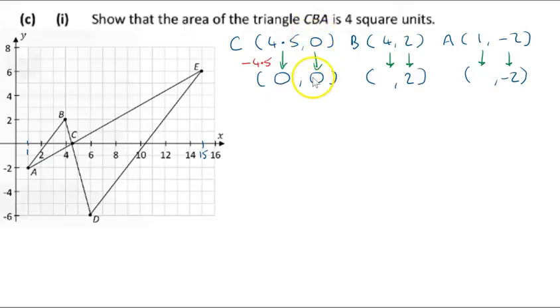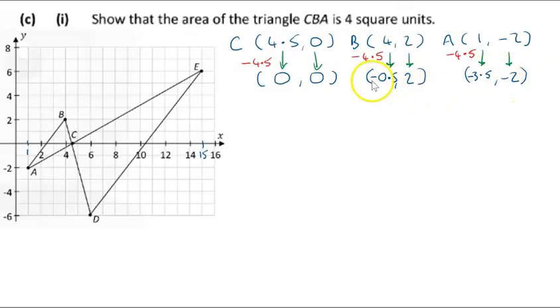So 0 stays as 0, 2 stays as 2 and minus 2 stays as minus 2. Then 4 minus 4.5 is minus 0.5, and 1 minus 4.5 is minus 3.5.